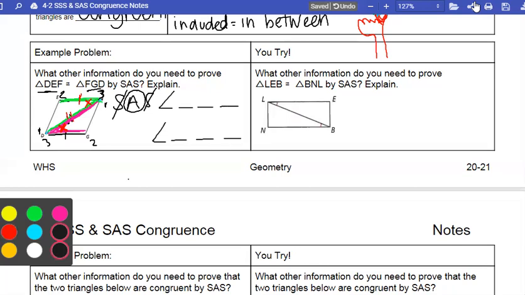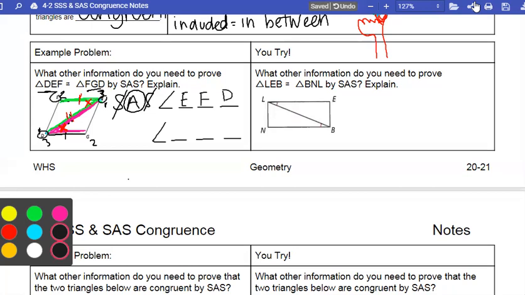So let's name the green one. I have E, F, D. Remember, when I name an angle, I have to start on the outsides. I could have named this DFE, either or. But I named it EFD.